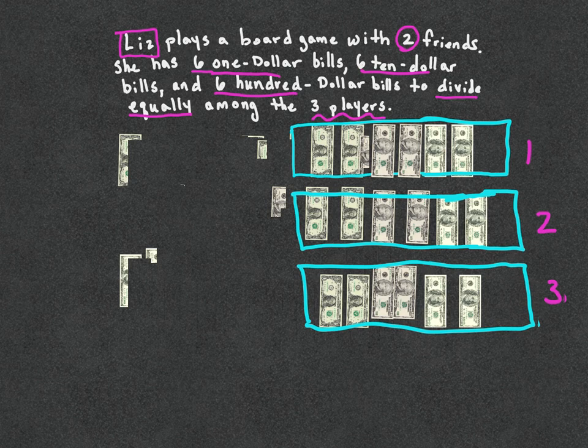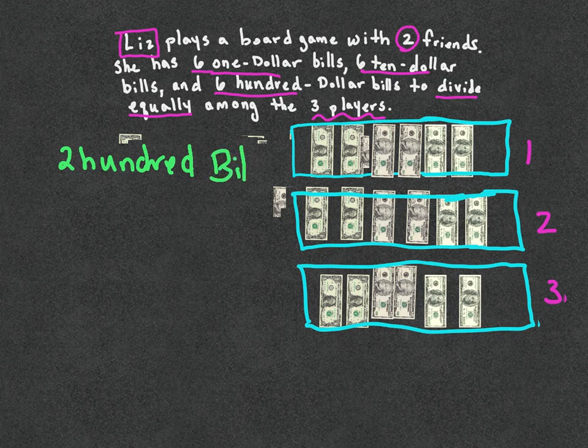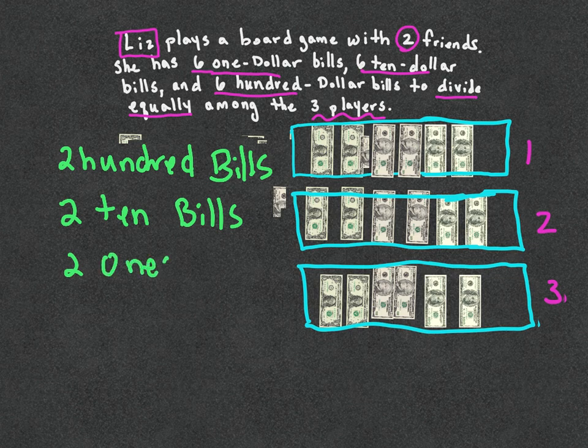All right, so now each one is getting $200 bills and then two tens, and two ones.